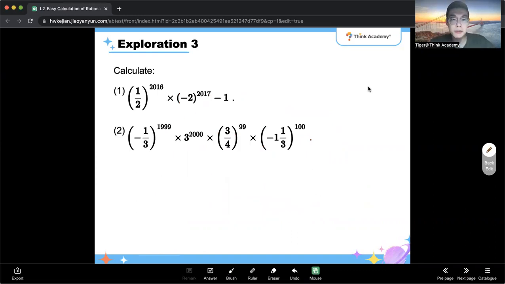So in that case, let's move on to exploration 3, where we are going to be talking about the other method. In exploration 3 here, we have a grouping method. Basically, if you look at sub-question 1, are you able to calculate a half to the power of 2016 times minus 2 to the power of 2017, any one of them with your bare hands?